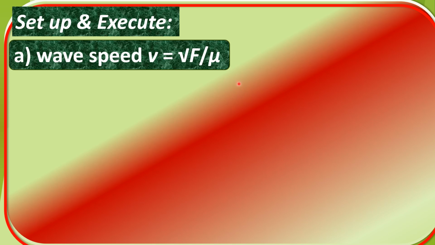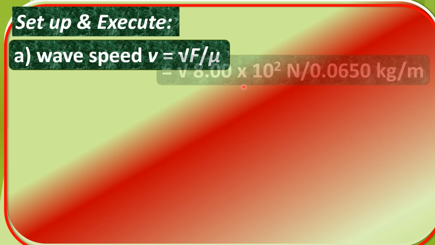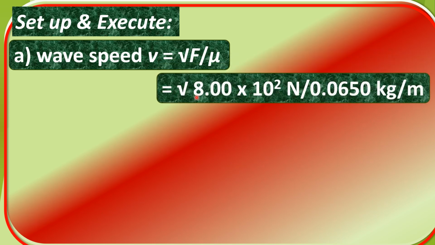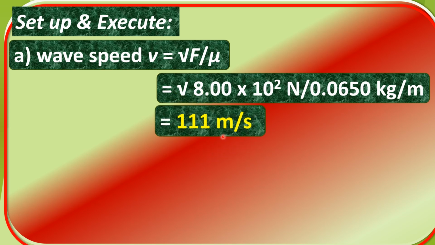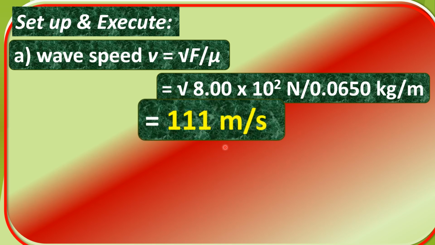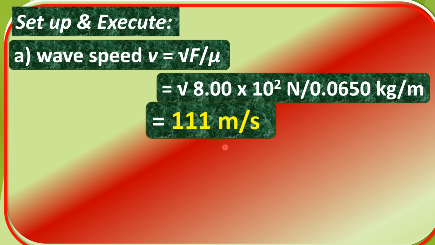Substituting the given, we have square root of 8.00 times 10 to the second power Newton divided by mu, which is 0.0650 kilogram per meter. Doing our math, we find that the wave speed v equals 111 meters per second.